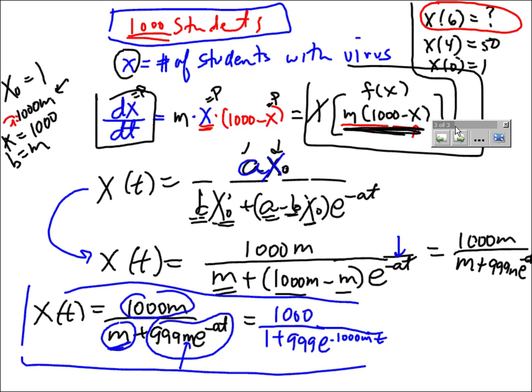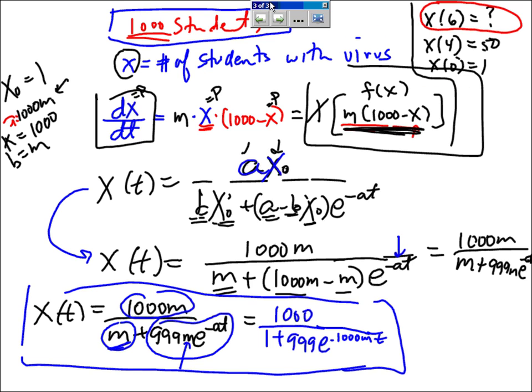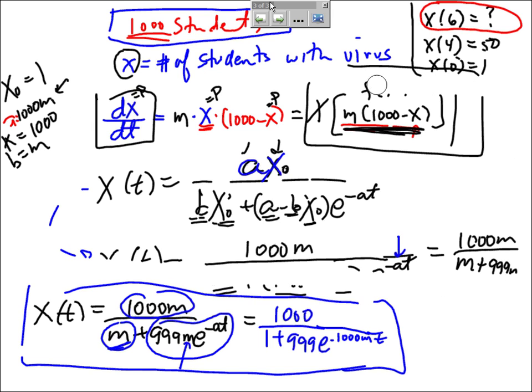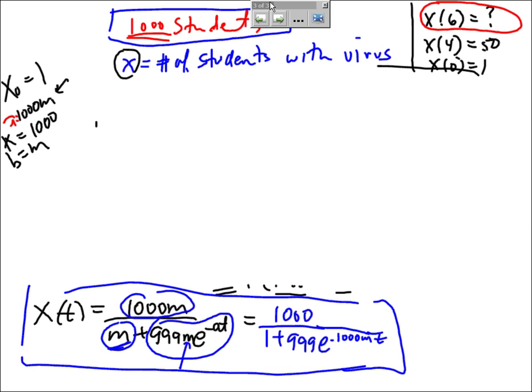Now, there is one unknown in this equation. So I'm going to write this equation up a little bit higher. There's one unknown in there. So before I can figure out what x of 6 is, I have to get rid of that unknown.